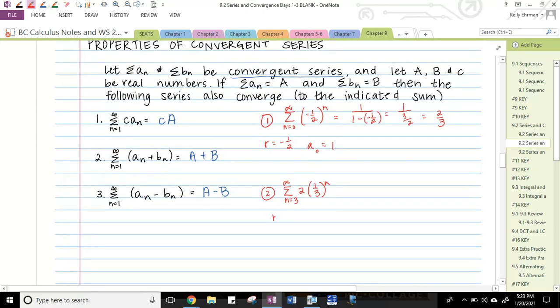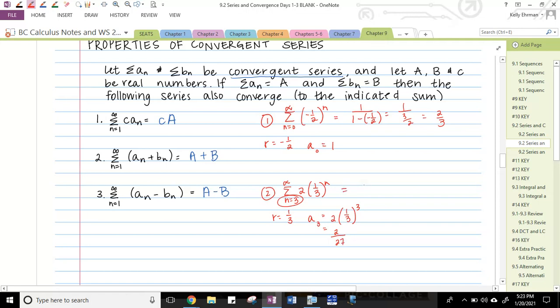For this one, r is 1/3. It's not a sub 0, it's a sub 3. Start adding these up at the third term. So that's equal to 2 times 1/3 to the 3. So that's 2 over 27, right?